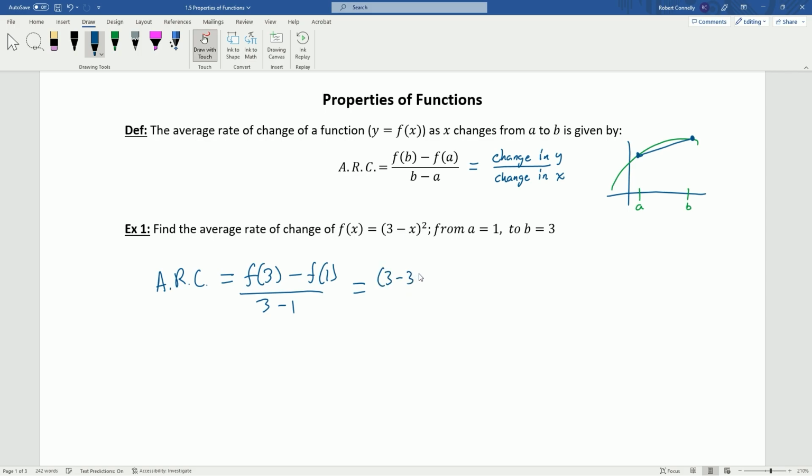That's 3 minus 3 squared, minus f of 1, which is 3 minus 1 squared, all over 3 minus 1, which is just 2. 3 minus 3 squared is 0 squared, which is still 0, minus 2 squared over 2. That makes negative 4 over 2, which is just negative 2. Done.